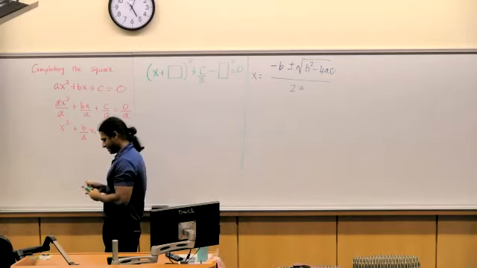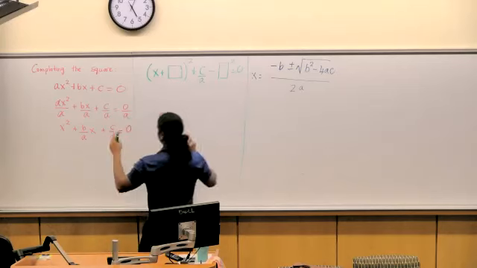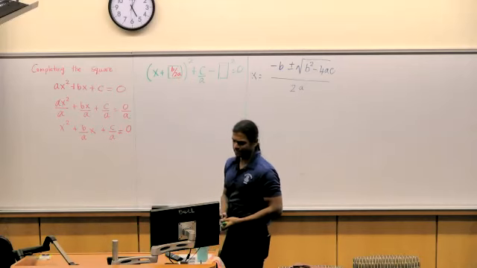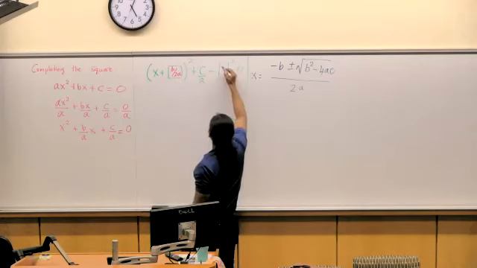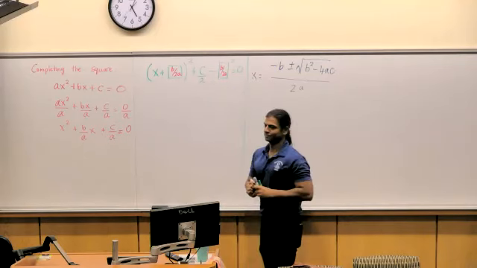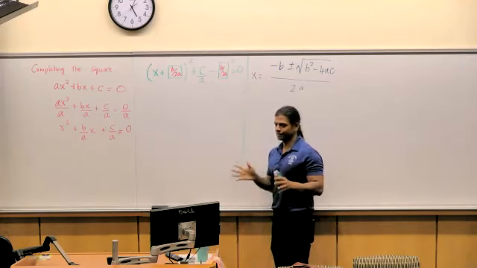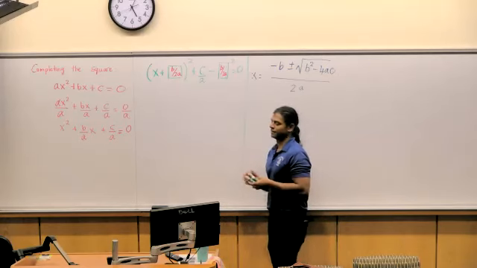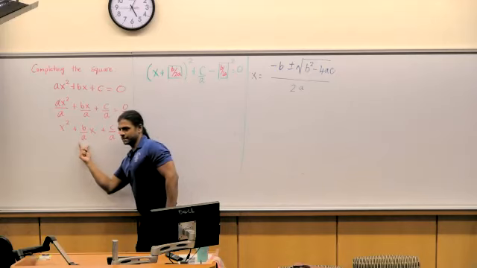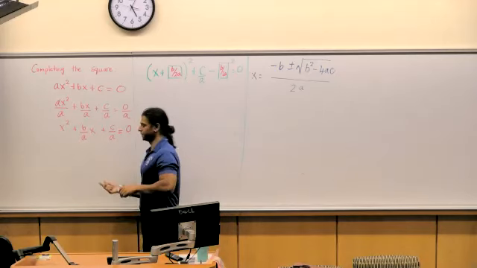There's an algebraic part to it, but let's skip that part. I'll tell you what goes in there. It's b divided by 2a. So this is the middle term divided by 2.